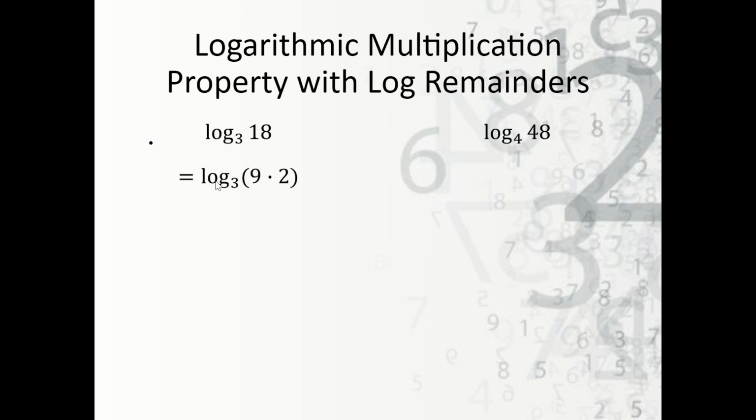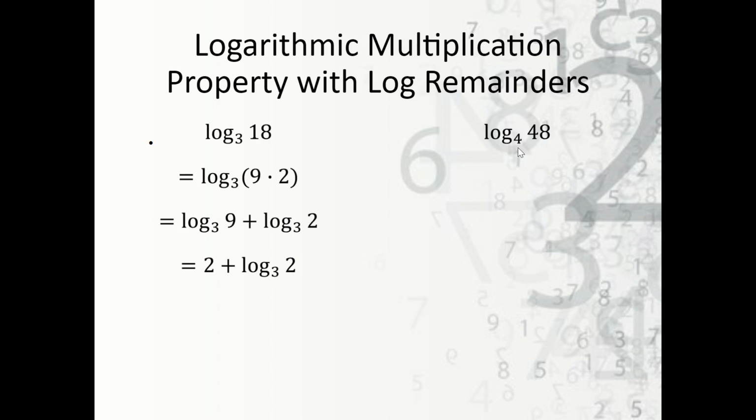So now we can rewrite this as log base 3 of 9 plus log base 3 of 2. And this part we can simplify. So log base 3 of 9 is the same thing as 3 to the x power is equal to 9. Well, we know that 3 to the 2nd power is equal to 9. So we end up with 2 plus log base 3 of 2. We can't simplify this because we can never go from 3 to 2 by multiplying by powers. So we just leave it just like this.